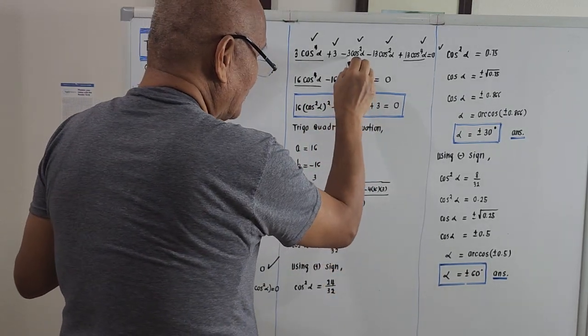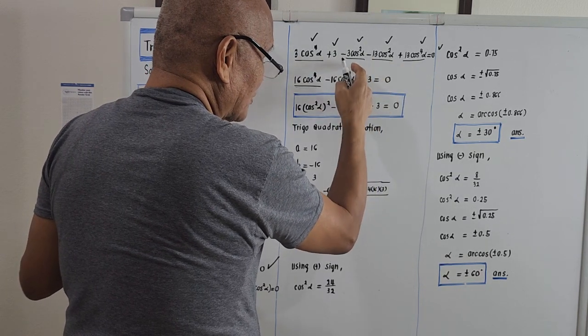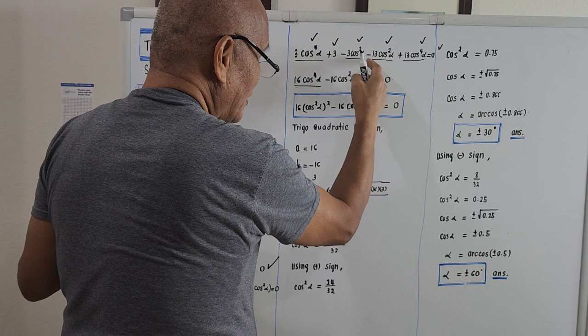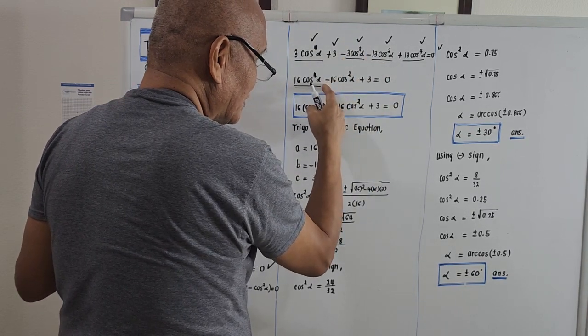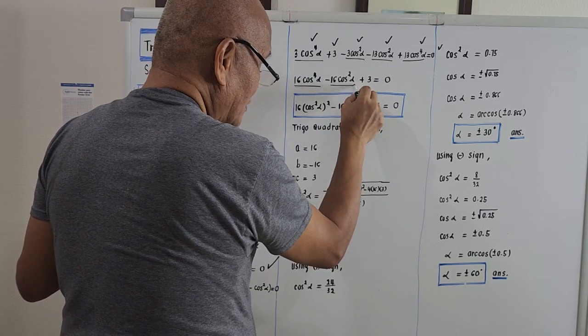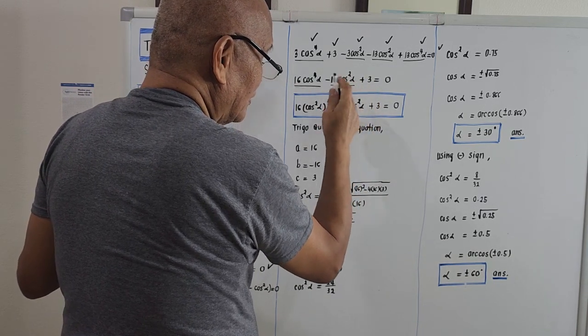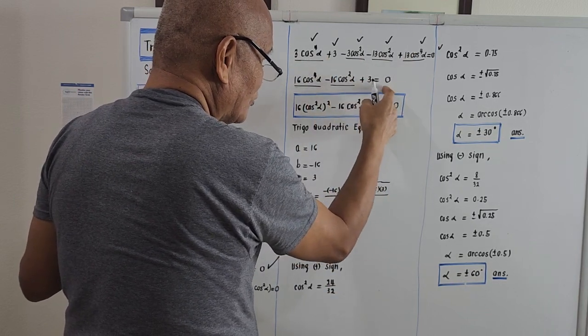This is negative 3 cosine square of alpha. This is negative 13. They are similar. Negative 3, negative 13 will be negative 16 times cosine square of alpha. Okay. And the pure constant term will be plus 3. And this should be equal to 0.